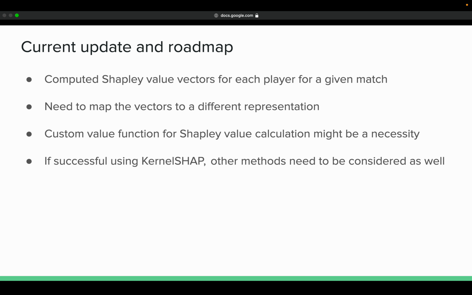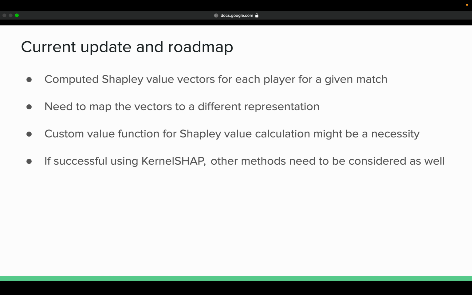As of right now, there is not much in terms of results. I've just successfully computed Shapley value vectors for each player for a given match, but I need to find a way to map the vectors to a different representation, because each value in the vector corresponds to one feature value for a player, but we want to get player contributions.